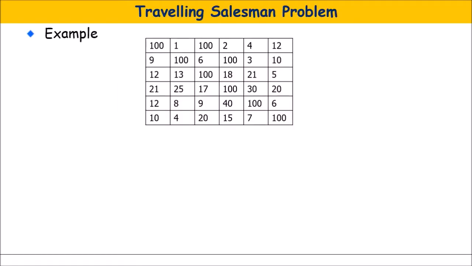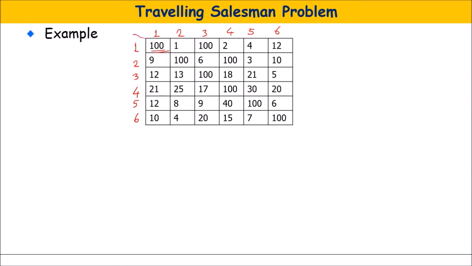So let's consider this TSP example with 6 cities. The distances between each pair of these cities are given in this table. You see the distance from city 1 to city 1 is 100.